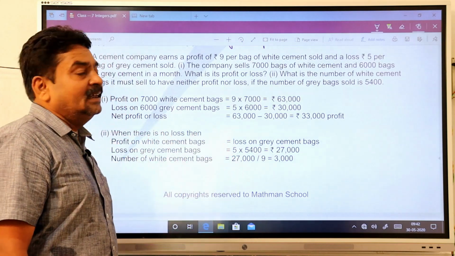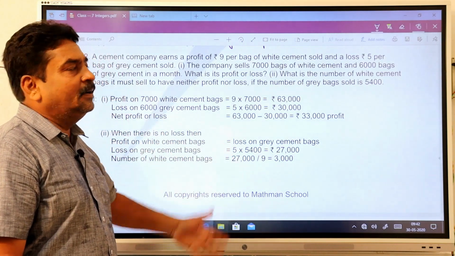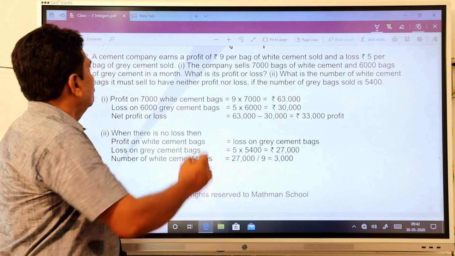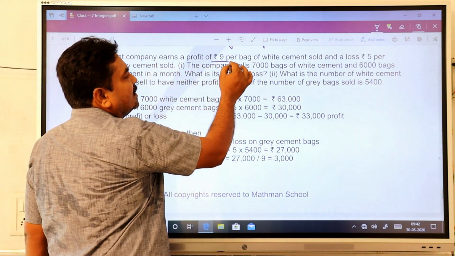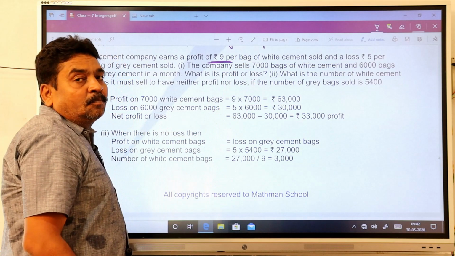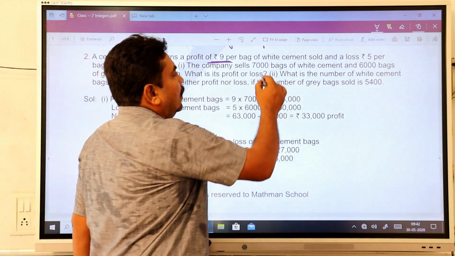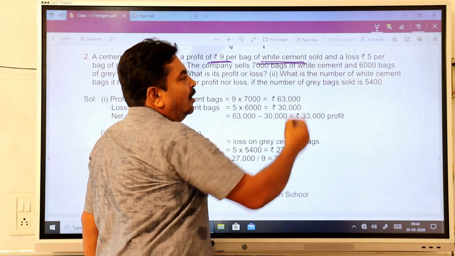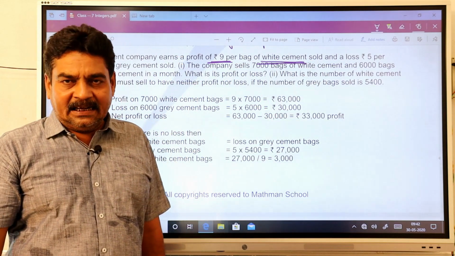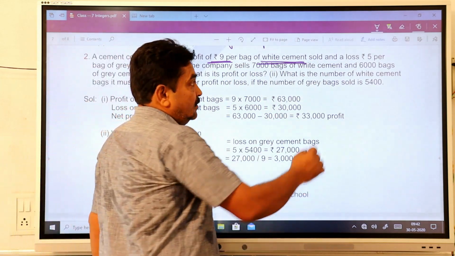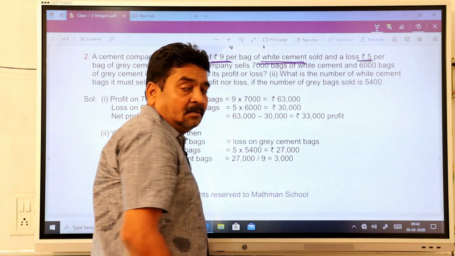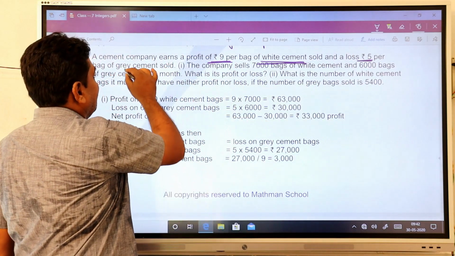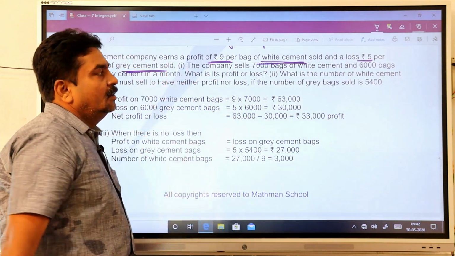Here it is not basmati, but a cement bag. So, a cement company earns rupees 9 profit on a white cement bag and a loss of rupees 5 on grey cement they sold.